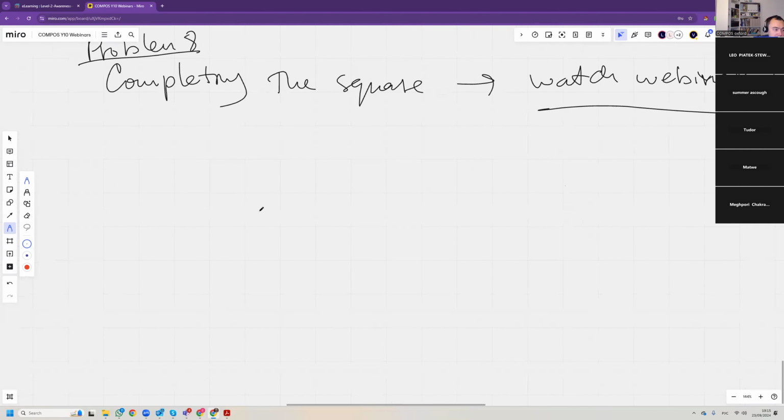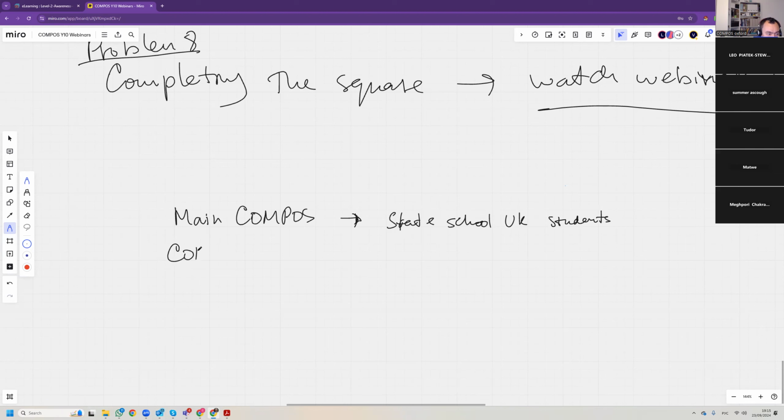The main COMPOS program is for state school UK students. There's COMPOS Foundation, which is for private school students plus overseas.